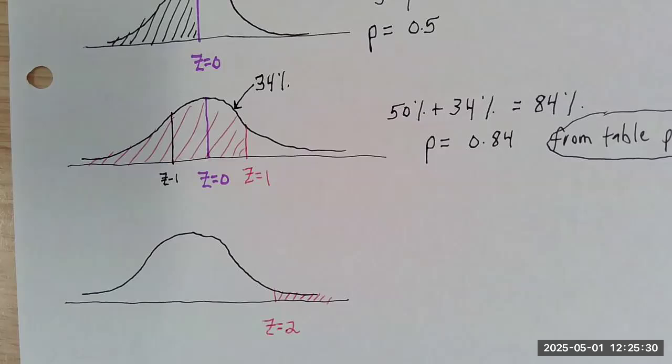I want to know the area of the shaded part of the graph. So the way the table works, the table tells you everything shaded from here to here. So if I go to z is equal to 2, I'm going to get the wrong answer, because what it will tell me is all of this is filled in. Not that part. But what could I do?